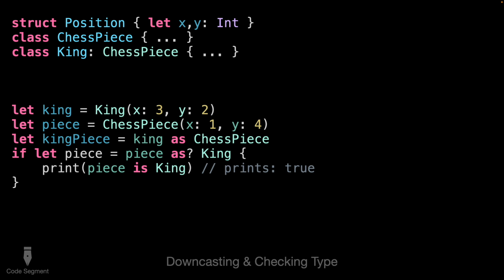So this expression evaluates to a king type if the backing type behind our chess piece constant is of the king type. If it is not, we return nil. Which means that we have to safely unwrap it. That's why the question mark is involved, because it is an optional, right? What gets returned could be nil or it could be a king, okay? So what we're getting is either a king or nil, right?